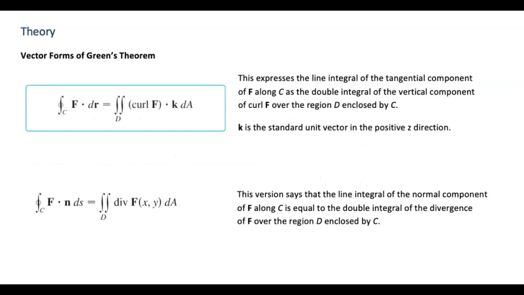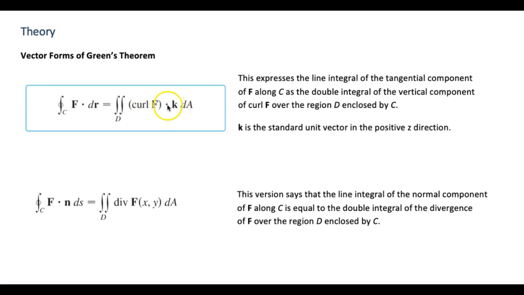And what's kind of interesting here is that we talked about how Green's theorem was just an easier way to evaluate certain line integrals when we have a region that is closed and is smooth or piecewise smooth, and we're traveling counterclockwise. So that's what this symbol means, that this fits into that category. Well, this is equal to the double integral of the curl of f dot k.